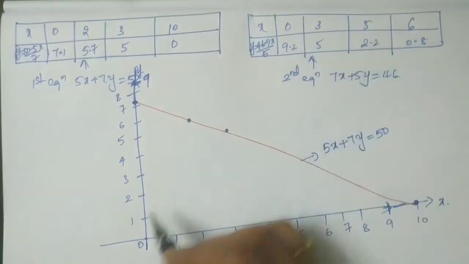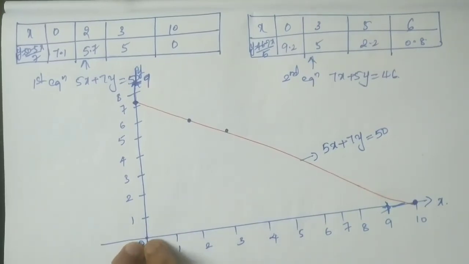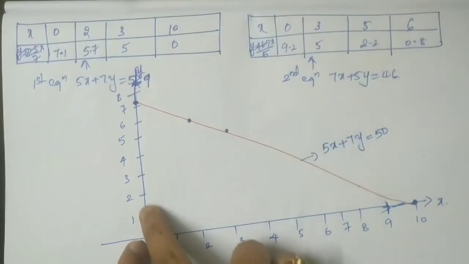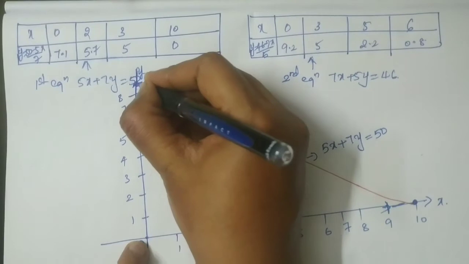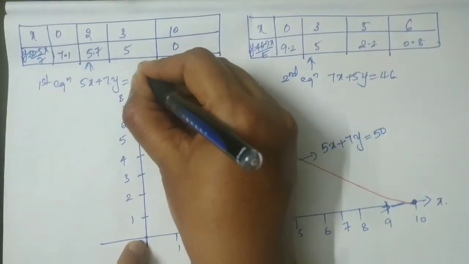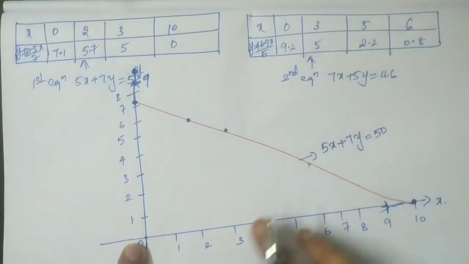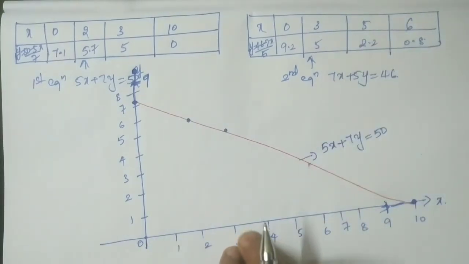x is 0, y is 9.2. x is 0, so you have to move vertically. y is 9.2. Above 9, at the 9.2 line, you have to plot it. Next x is 3 and vertically you move upward till 5.